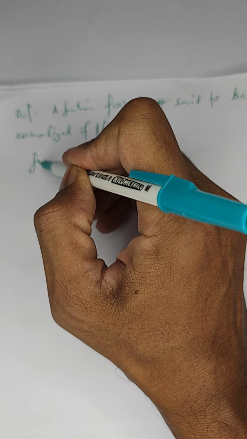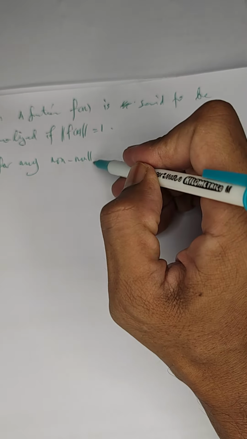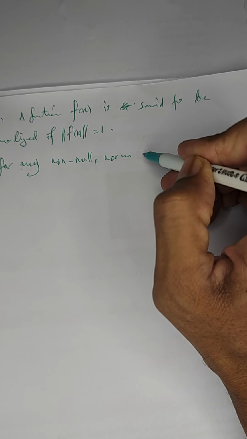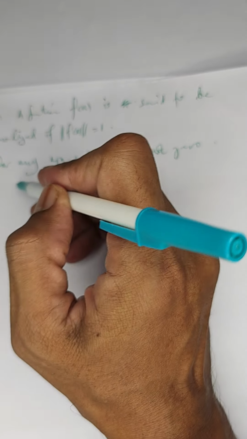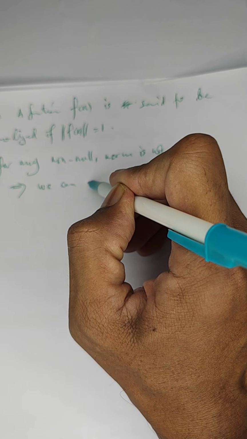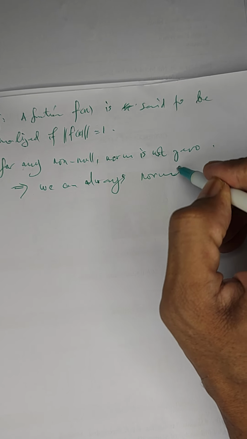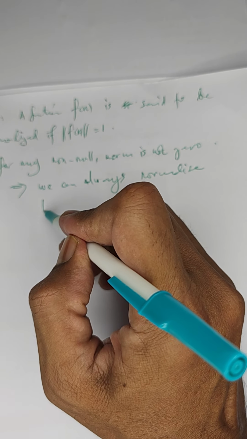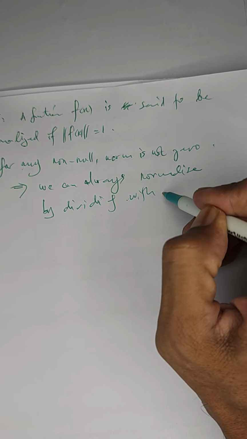For any non-null function, which is different than 0, whose norm is not 0, we can always normalize that function by dividing with its norm.